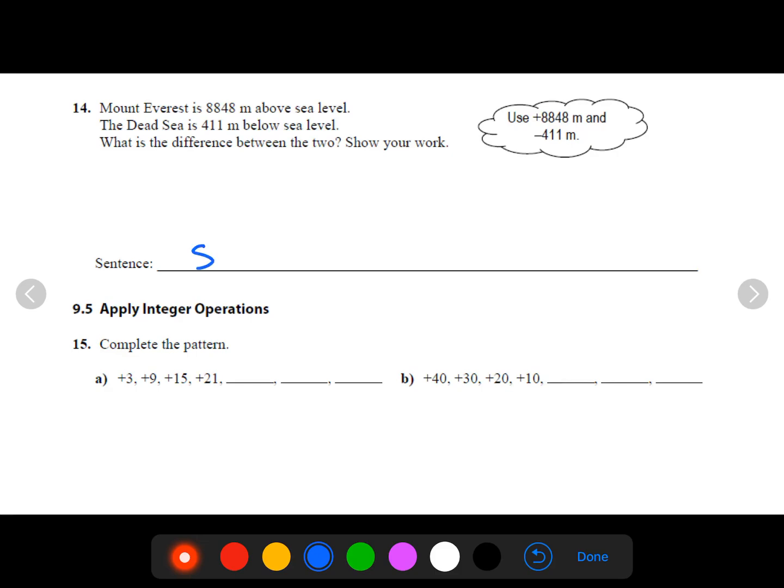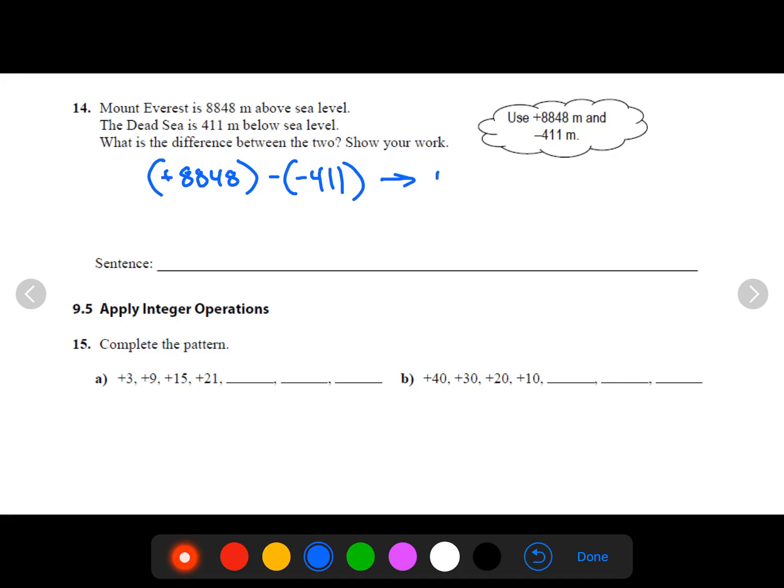So we're simply going to take 8848, which is positive. Sorry, I shouldn't be doing that on the line here. We're taking positive 8848, and we're going to subtract negative 411 from that.